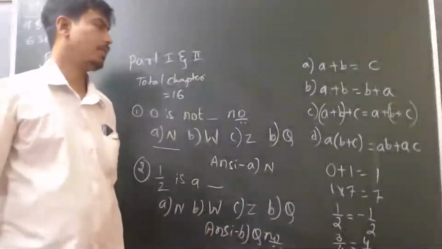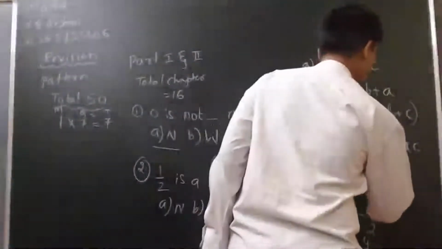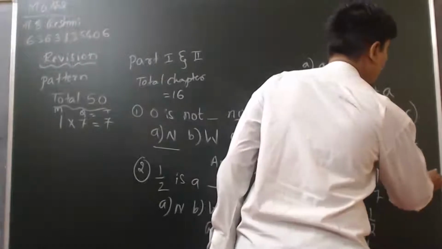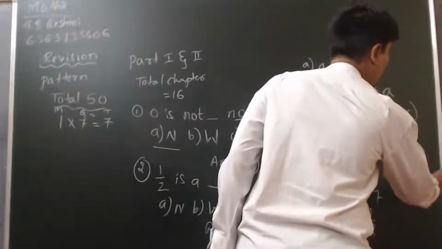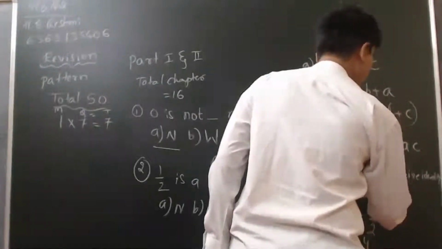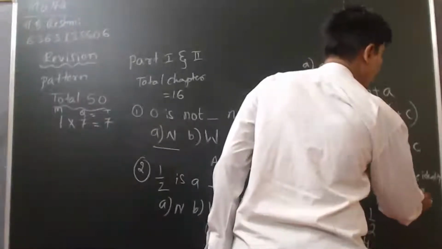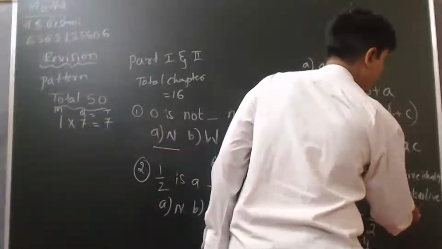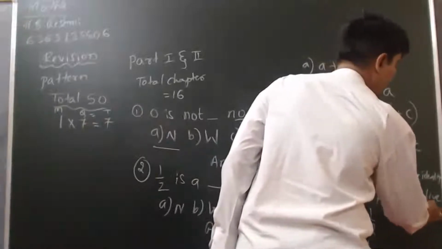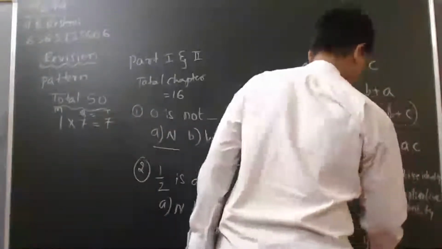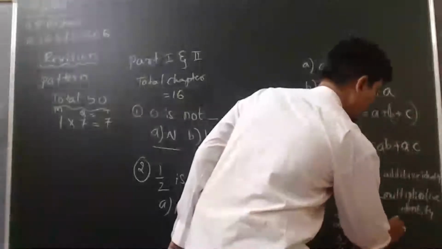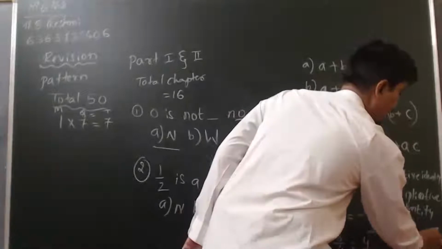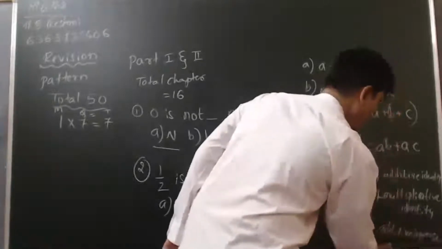So you have to remember additive identity, multiplicative identity, and then comes additive inverse, multiplicative inverse.